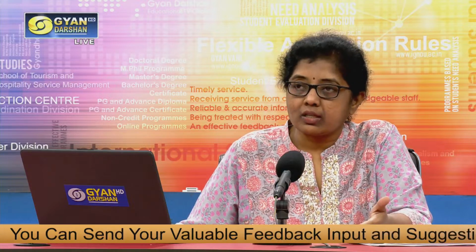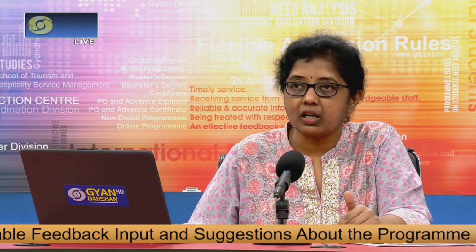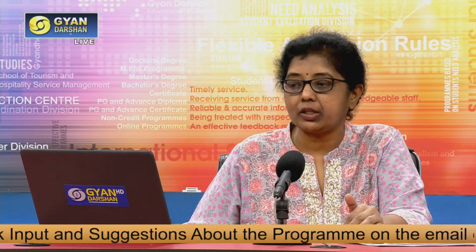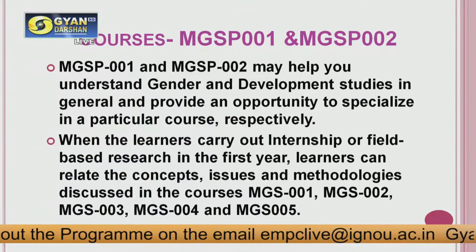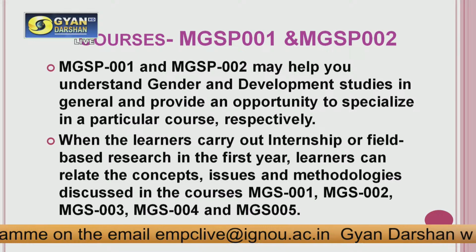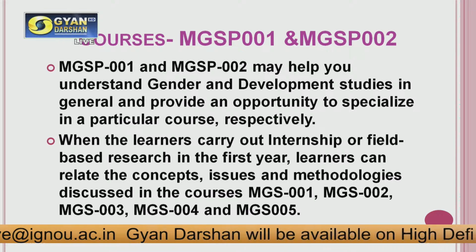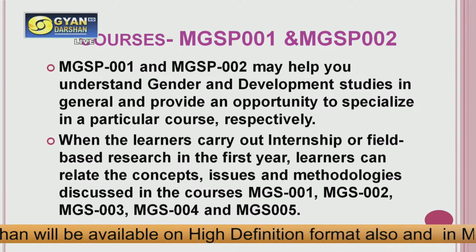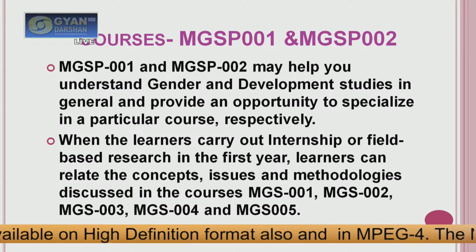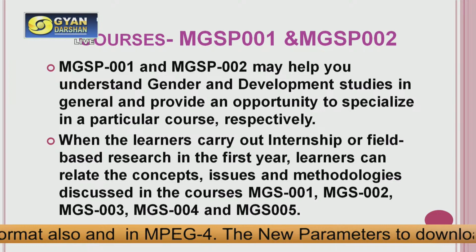These two courses will help you to understand gender and development studies in general, and they provide an opportunity to specialize. When our learners, specifically MA-GDS learners, carry out internship or field-based research in the first year, they will be able to relate the courses MGS 001, 2, 3, 4, 5.